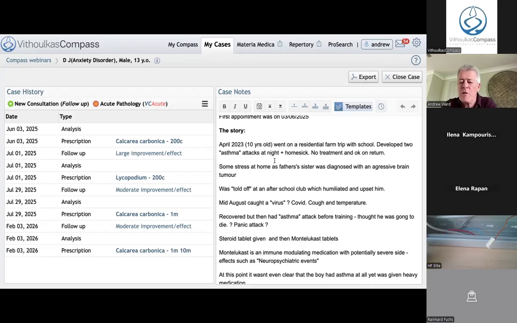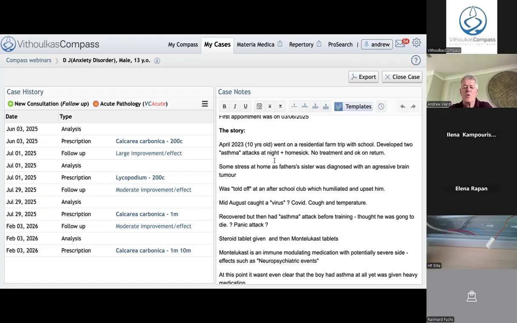There was no treatment, and he seemed to be okay on his return. There was some stress at home, as the father's sister had been diagnosed with an aggressive brain tumor. He was told off at an after-school club, which humiliated and upset him.